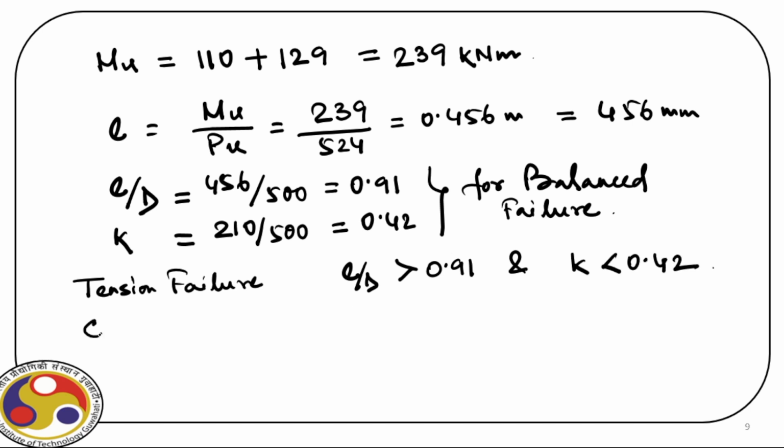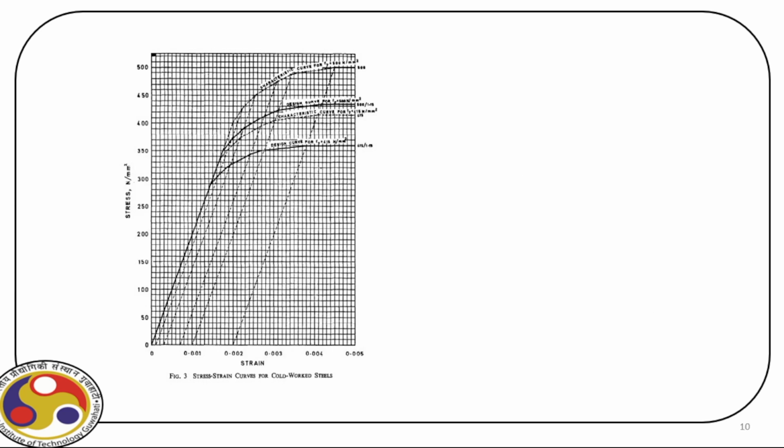And for compression failure, it is the opposite. So it will have e by D less than 0.91 and k greater than 0.42. So it solves the complete problem. As you can see, we can identify the sectional capacity for this column under axial compression and uniaxial bending.